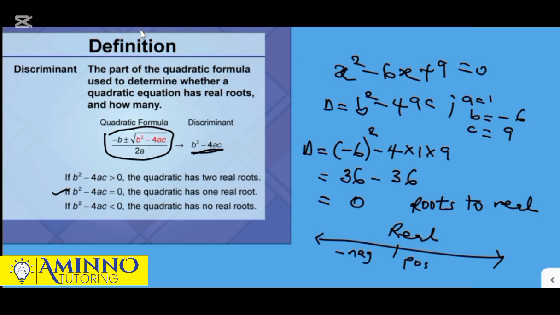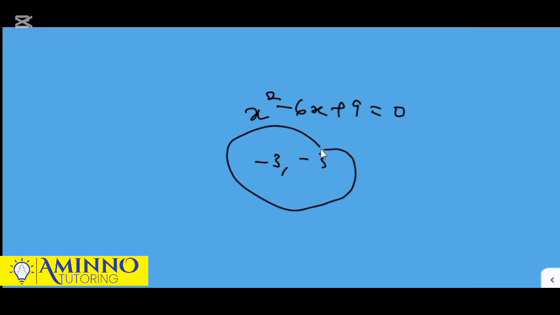So if you solve this quadratic equation, what will you get? What you have is x squared minus 6x plus 9. If you factorize this, your factors will be minus 3 and minus 3. Since these are the factors, your x1 will be 3 and your x2 will also be 3.